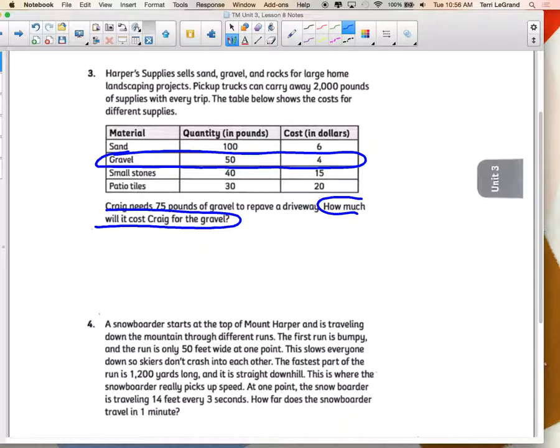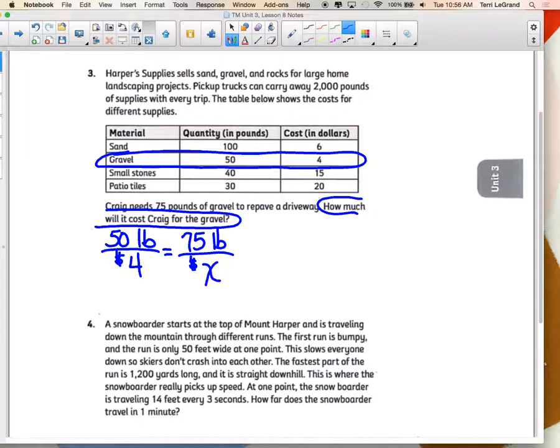Two ratios set equal to each other with a variable standing in for the unknown. Harley, what do you think? 50 pounds of gravel over $4, okay, and then 75 pounds over x.